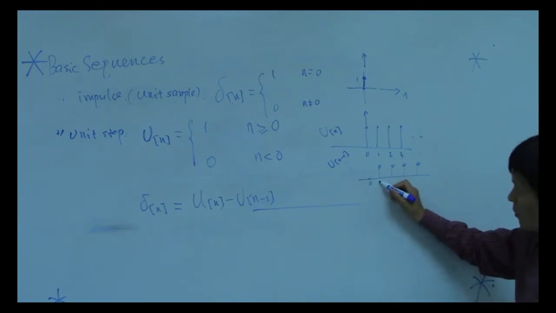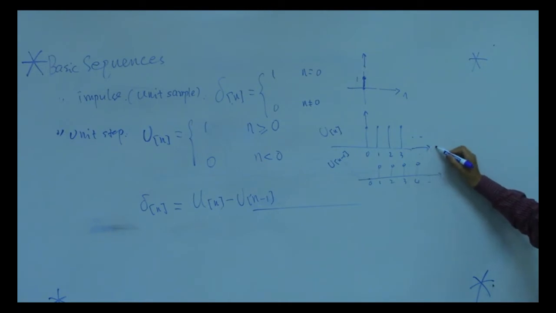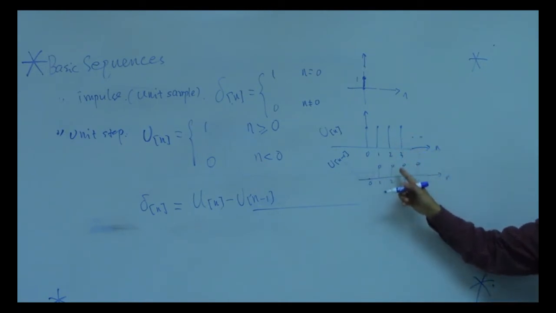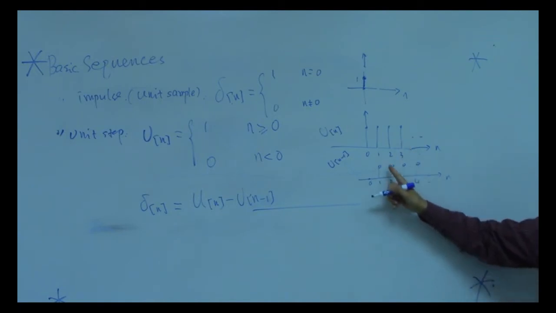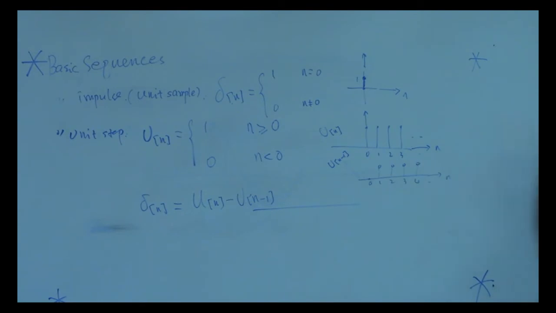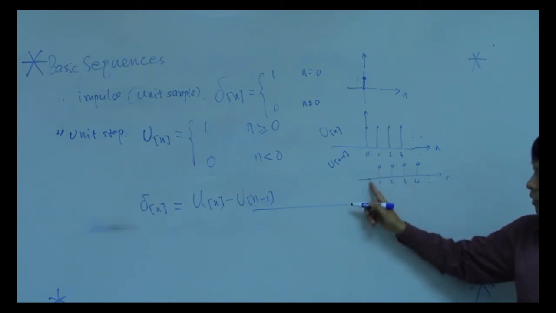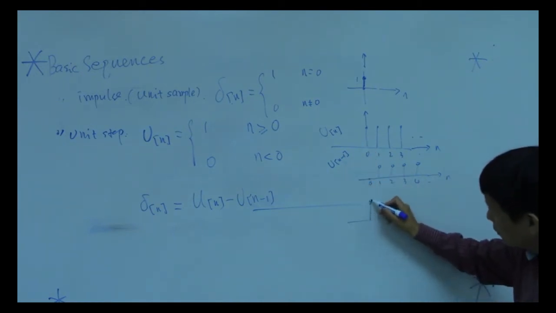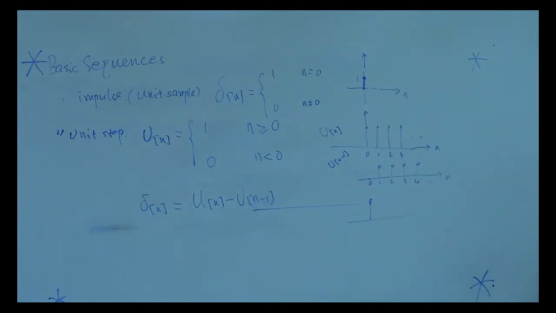This is 0, this is 1, 2, 3, 4, and so on, all the way to the right. Use this one minus this one. See, this one cancels, cancels, cancels, all cancel to the right. Only this one is left, which is this one. Good? Okay.